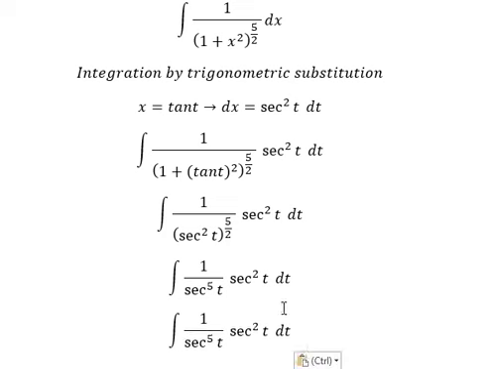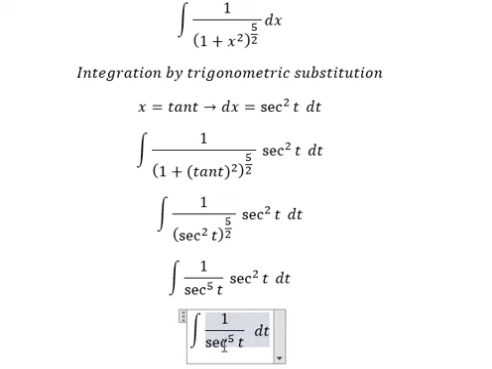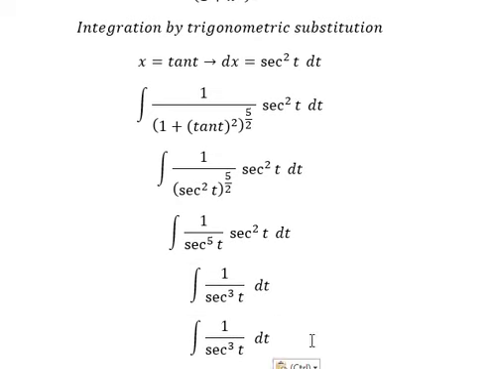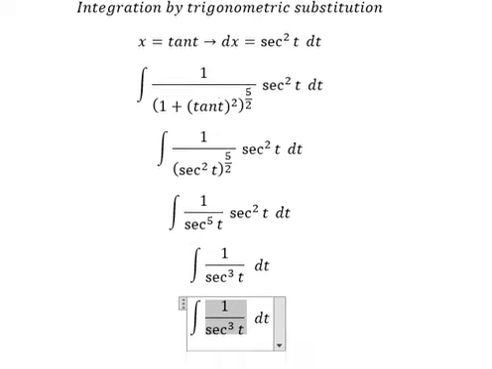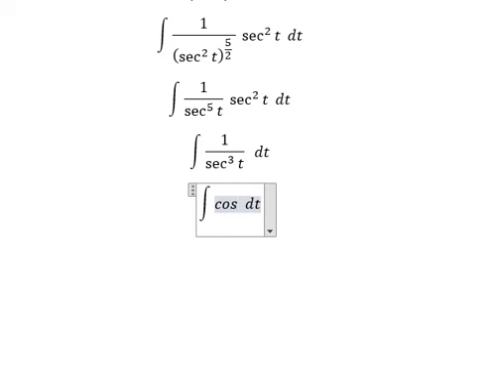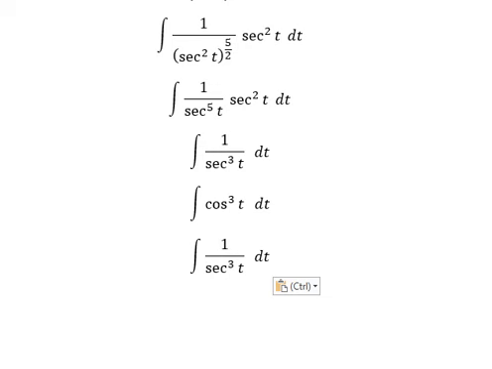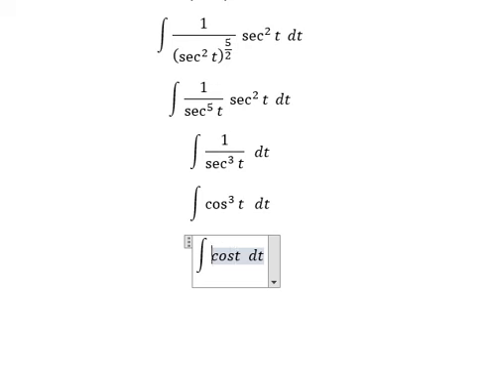Now we need to simplify secant squared t in the numerator and denominator, and this becomes cosine t to the power of 3. So for this, we can write cosine t and cosine squared t.